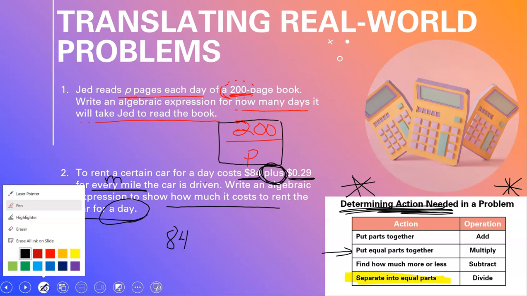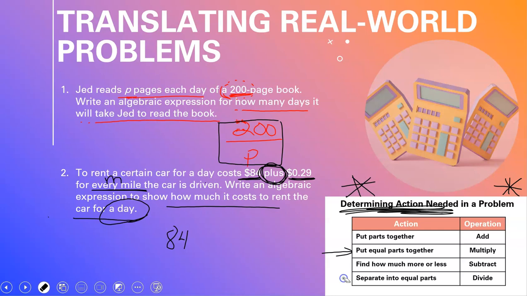Well, if I say 29 cents every single mile, let's take a look at the action needed. We are putting it into equal parts. So it's repeated addition for every mile. Well, the first mile is 29 cents. The second mile, add 29 more cents. The third mile, add 29 more cents.